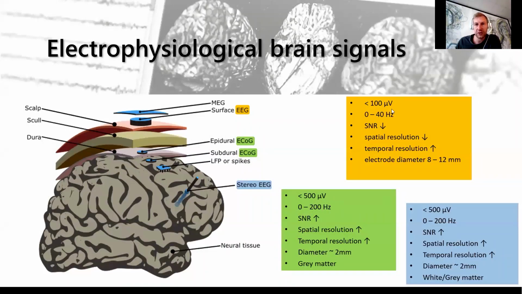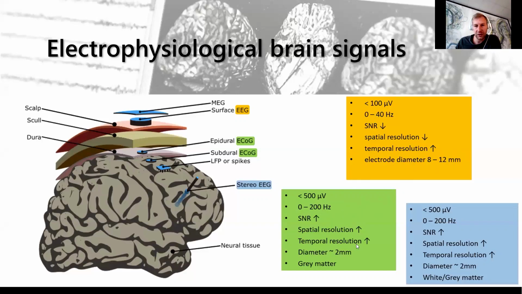In contrast, usually the EEG biomarker stops at 40 Hertz, which is just below the mains frequency of 50 or 60 Hertz. And the spatial resolution is, of course, lower with about a centimeter conductive diameter, and then a spacing of usually about 2 centimeters.